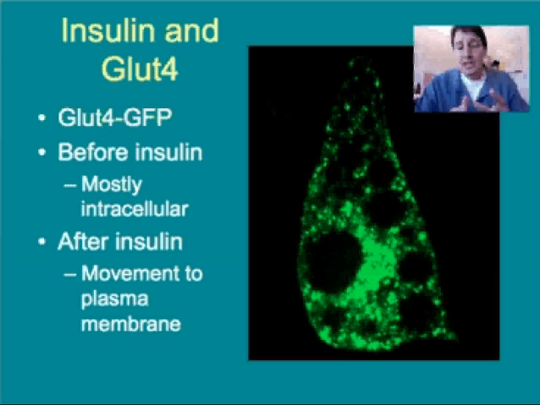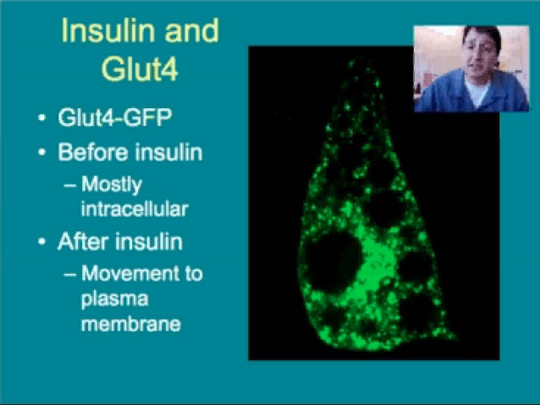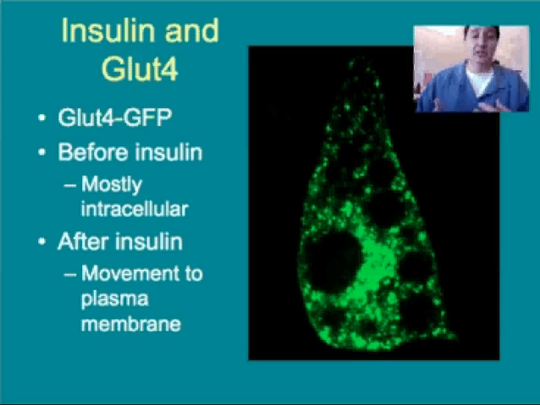So when you look at this fluorescence micrograph of a cell that has GLUT4 in it, this is either a fat or muscle cell. I perceive this as a muscle cell because I think it has multiple nuclei. You can see very clearly that the green fluorescence is in a lot of places, okay? You can see somewhat of the edge of the cell, but you can also very clearly see that there's a lot of it intracellularly.